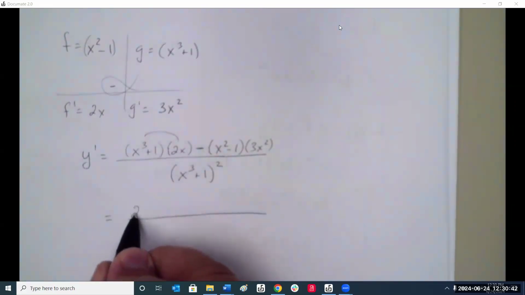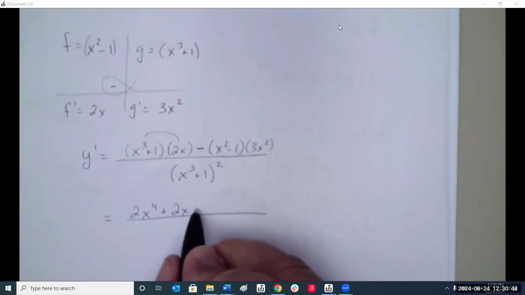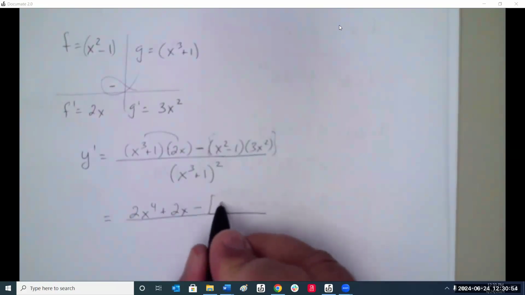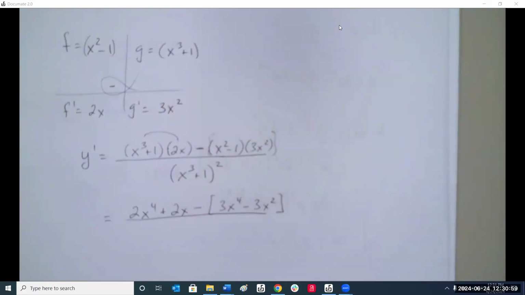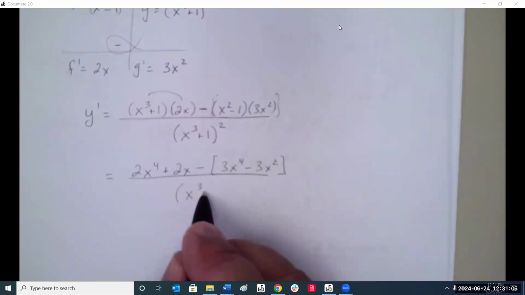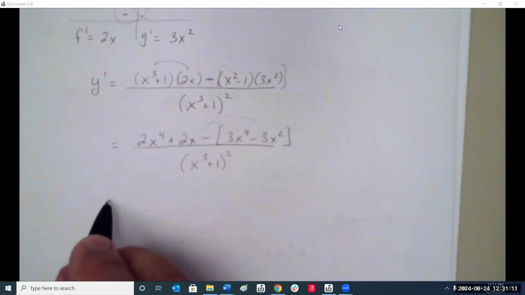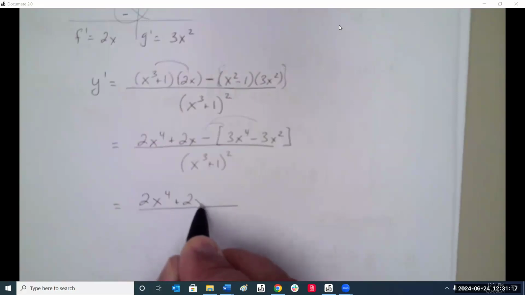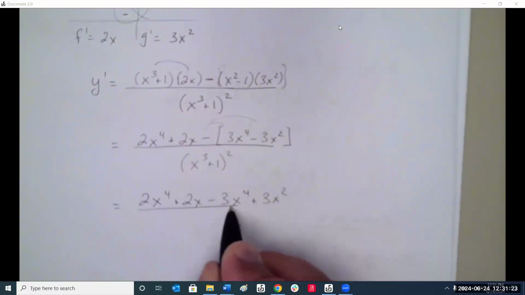Two x times x cubed is 2x to the fourth plus 2x, minus 3x squared, it's 3x to the fourth minus 3x squared. Distribute the negative. 2x to the fourth plus 2x minus 3x to the fourth plus 3x squared.